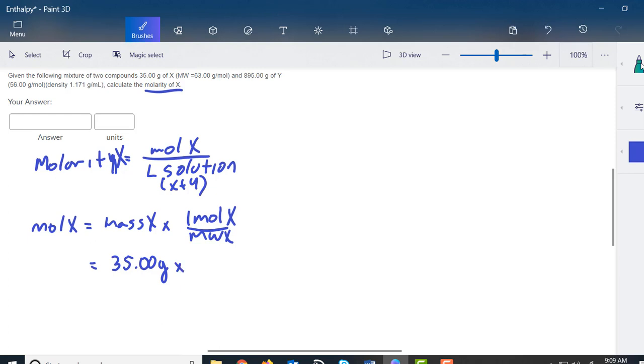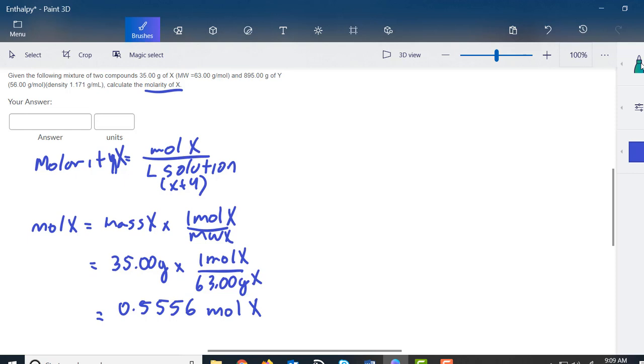And there's an example of that in the previous problem, in the percentage problem. And the molecular weight we're given is 63.00 grams of X. This is going to come out to be 0.5556 moles of X. So that's 4 sig figs.